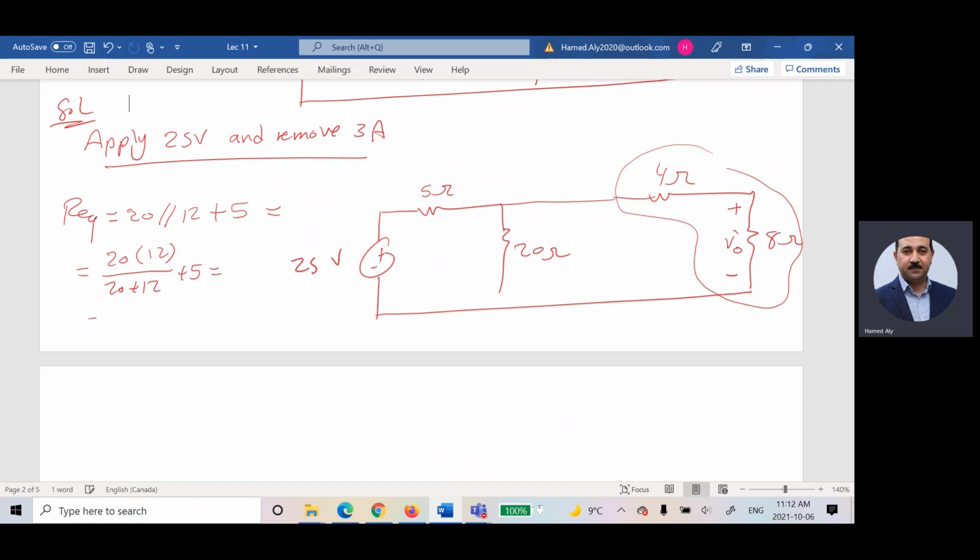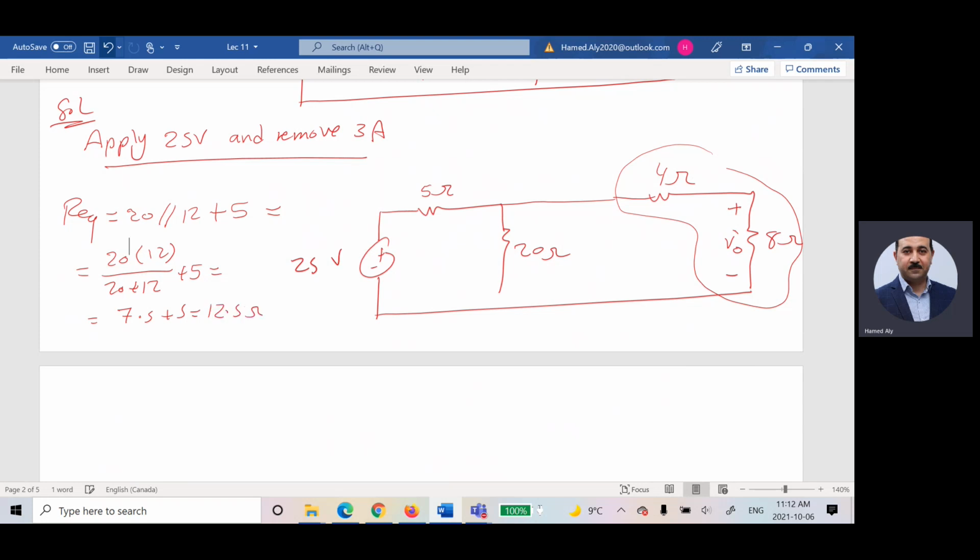If you calculate this, it is equal to, sorry, 7.5 plus 5, which is equal to 12.5.